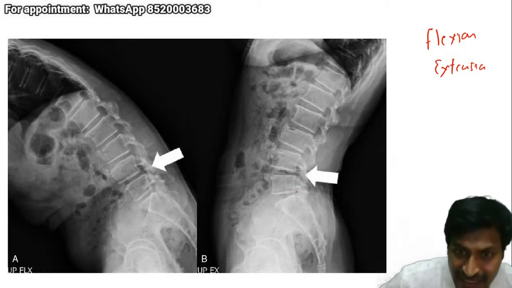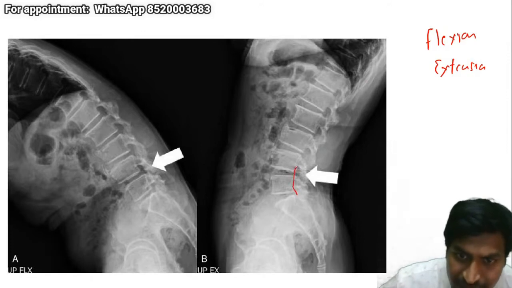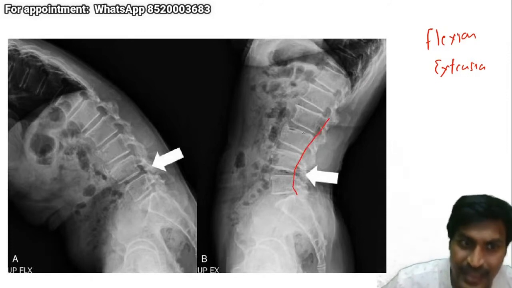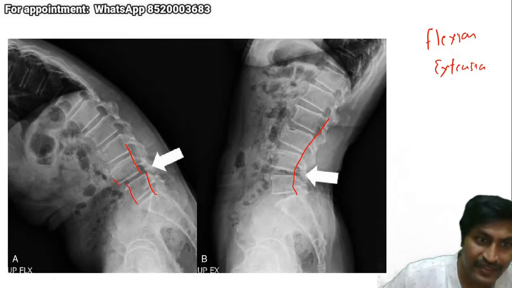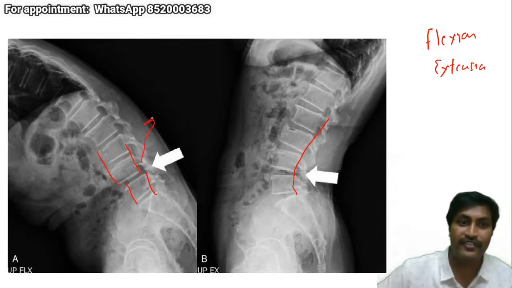In this you can see in extension all the vertebrae are normal, but in flexion there is a disruption of the posterior vertebral line and the anterior vertebral line. So there is grade 1 listhesis.